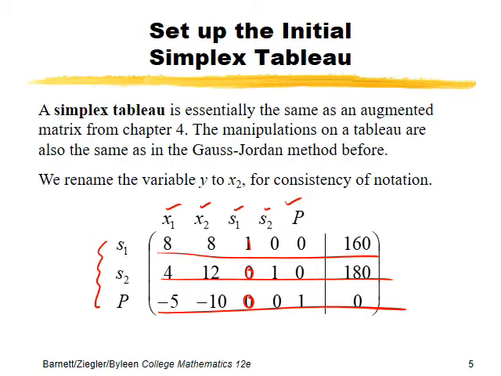In S1 we have this condition, in S2 we have this condition, there is 1 and the rest of the elements are 0. Similarly in P we have 1 and the rest are 0. So these three variables are basic variables. We write our basic variables on the left hand side as well. The rest of the variables are not basic because they do not satisfy this condition.